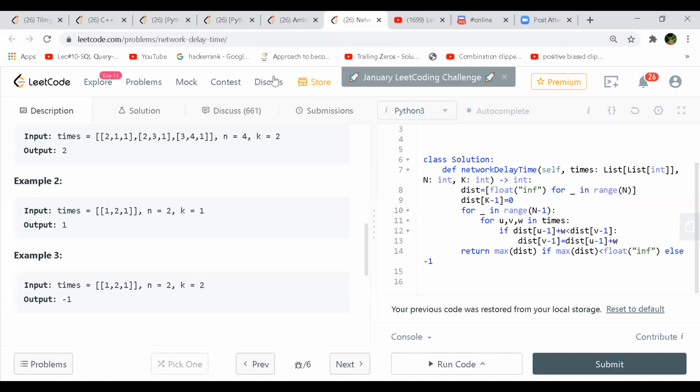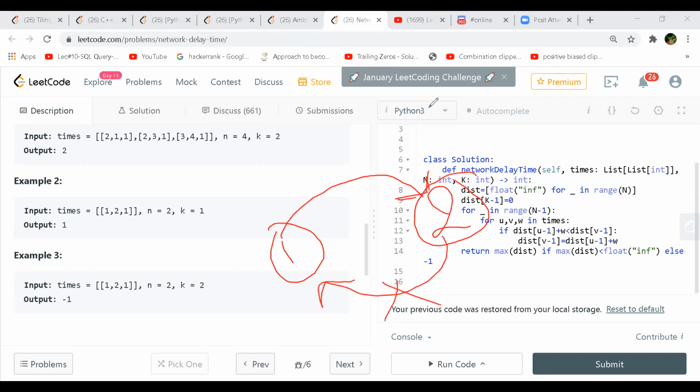Once it goes, the signal will never come back. We have an edge from 1 to 2, but 2 to 1 we don't have. Why do we need 2 to 1? Oh yeah, because you are starting from 2, correct? Makes sense. So from here you have to go, but we don't have.